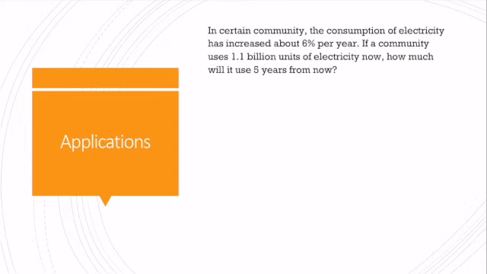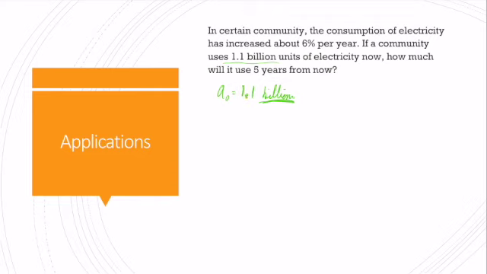Last but certainly not least, in a certain community, the consumption of electricity has increased by 6% each year. If a community uses 1.1 billion of electricity right now, how much will it use 5 years from now? So this year we've got 1.1 billion. And as long as I remember that my units are billions, I can not write out all those zeros.